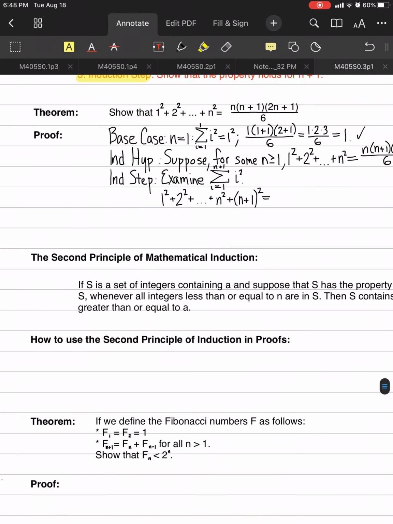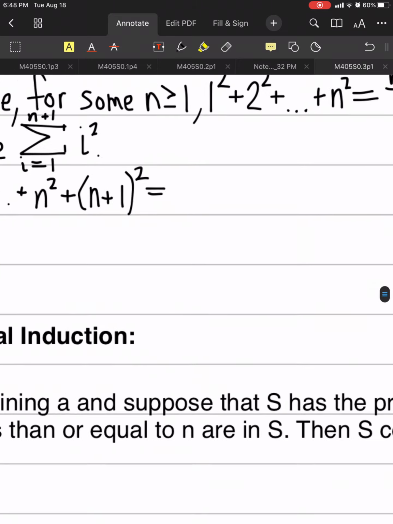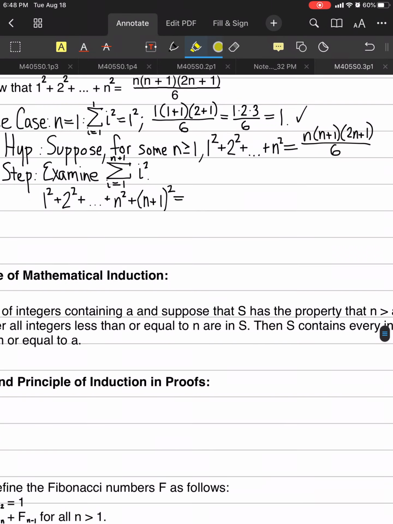So we're not just plugging this into the formula now. We're using what we found in the induction hypothesis to figure out where we can go from here. What we found in the induction hypothesis is essentially this part here equals this.